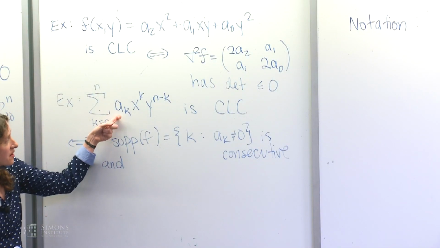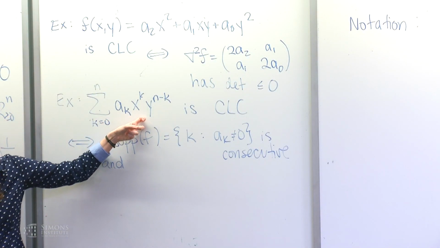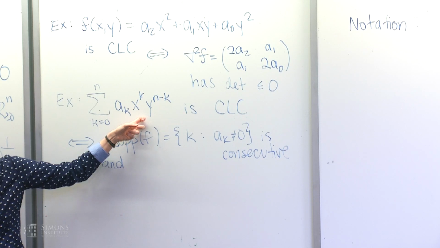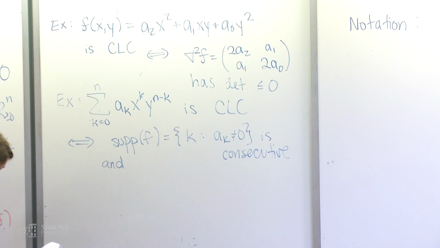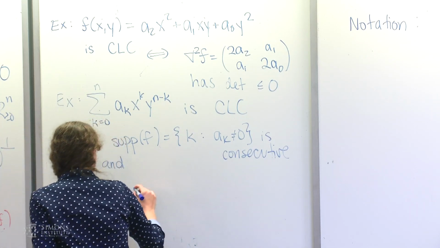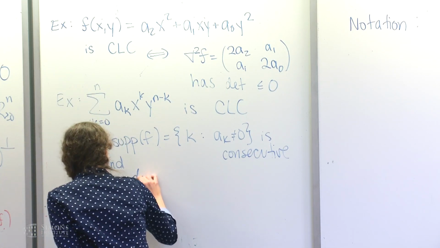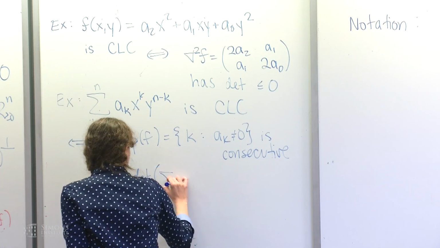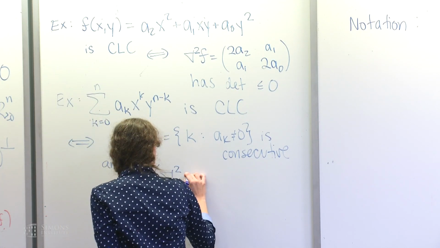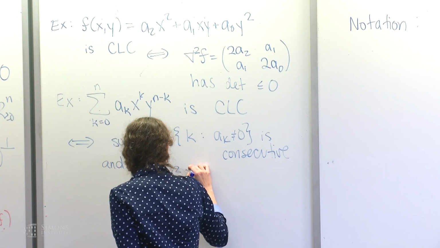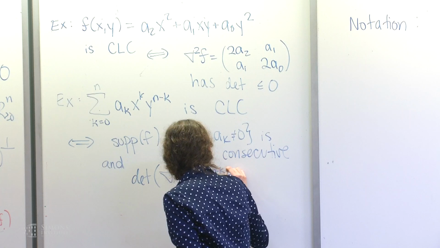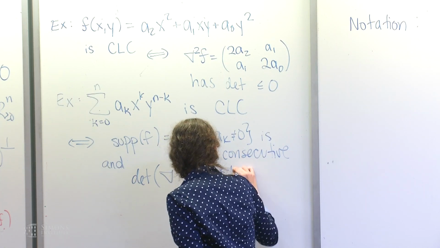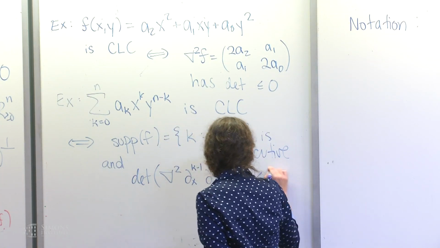And all of the things you can get by taking derivatives of this down to a quadratic gives you a quadratic of this form. And the determinant and all of the Hessians, so I can take the derivative with respect to x sometimes and the derivative with respect to y sometimes, is non-negative.